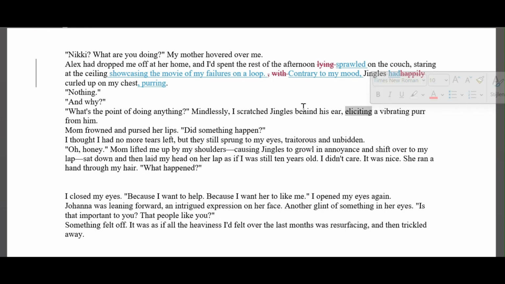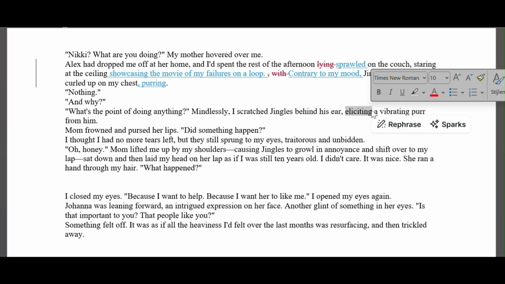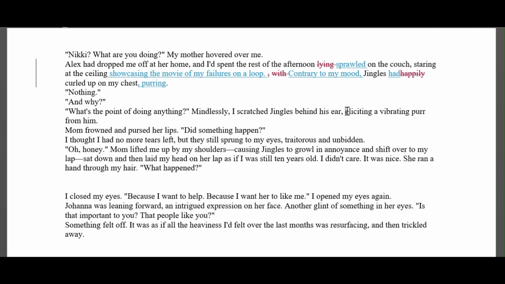"Eliciting a vibrating purr from him." I mean, technically that's correct. But "eliciting," can you see eliciting? Not really, right? I scratch Jingles behind his ear.